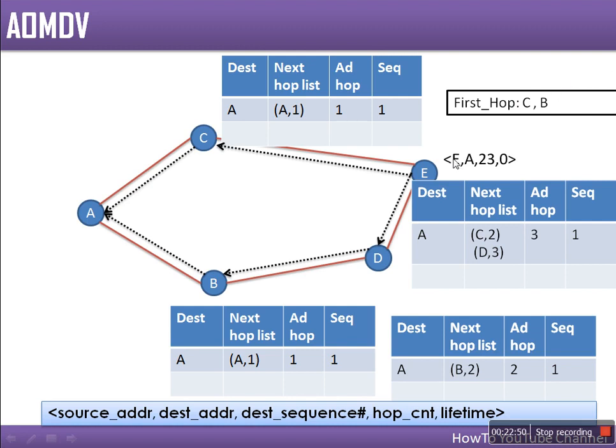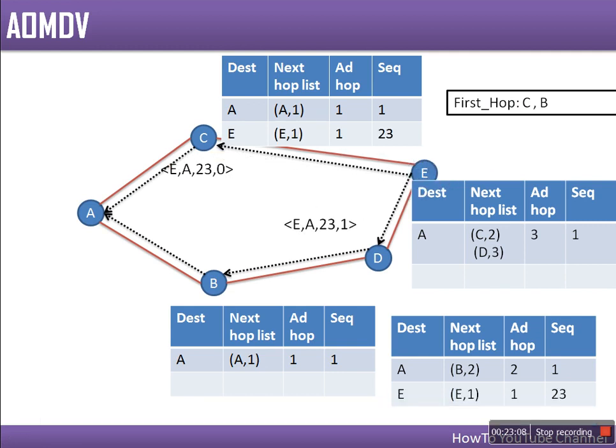This first field is the source, the second is the destination, this is the sequence number, and this is the hop count between the current node and node E. Initially this packet is at node E itself, so the distance is 0. This packet will be forwarded to D and C. So D and C will set up a path for E.